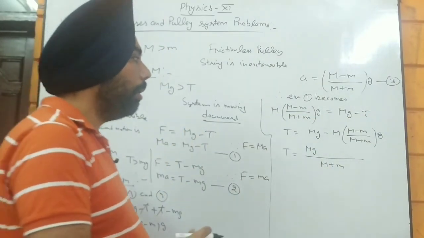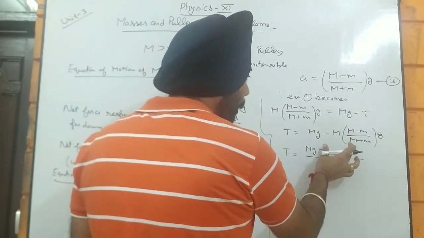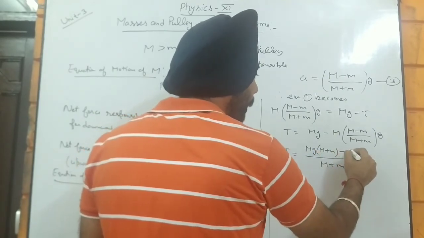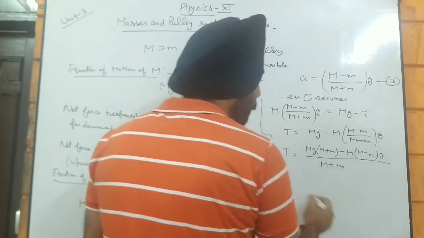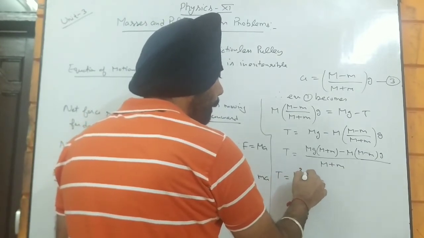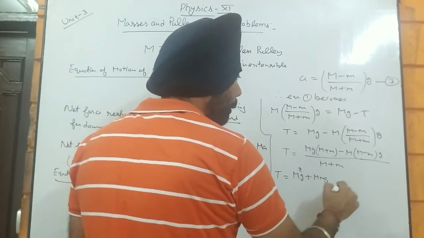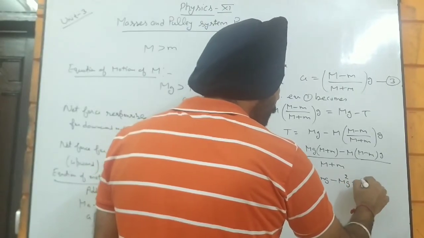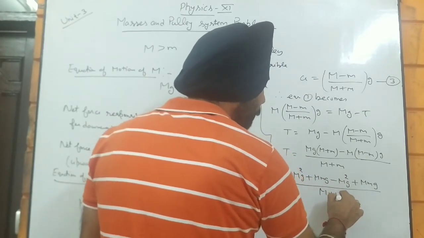So this is going to be Mg minus M times M minus small m over M plus small m into g. So we are just solving it mathematically, just opening those brackets. That is M squared g, that is M small m g, that is minus M squared g and plus capital M small m g, over capital M plus small m.